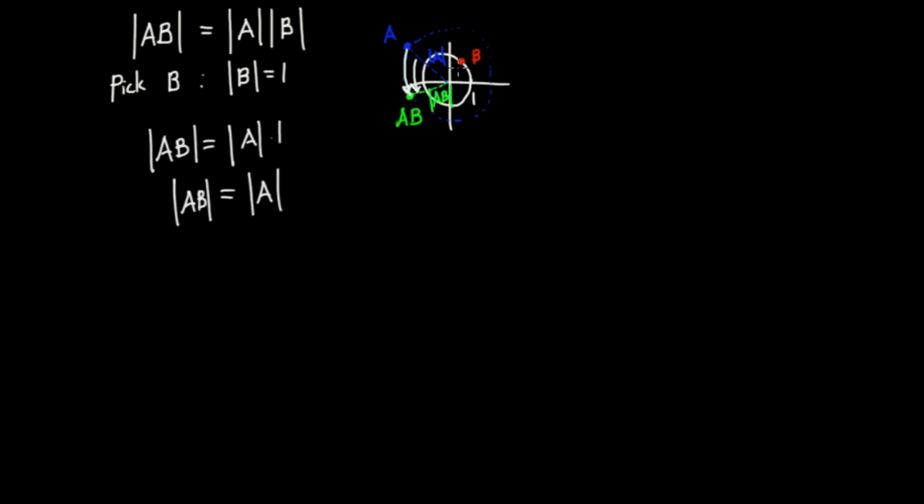So that's the very special property that I wanted to point out when multiplying by a complex number of unit length, which is all made possible by this key property here, that the magnitude of AB is equal to the magnitude of A times the magnitude of B. So that seemingly uninteresting algebraic property turns out to explain why we get rotations in the complex numbers.